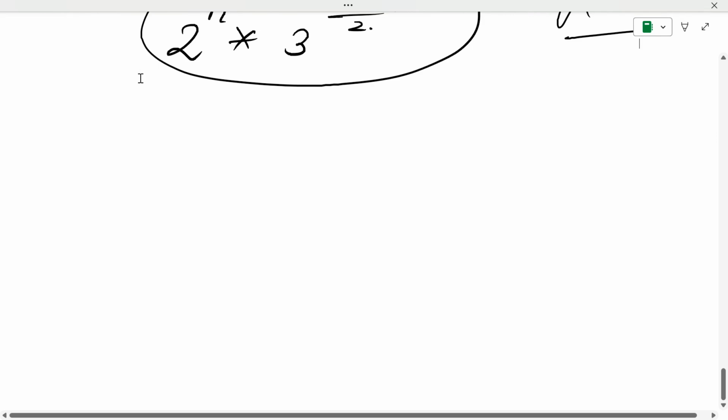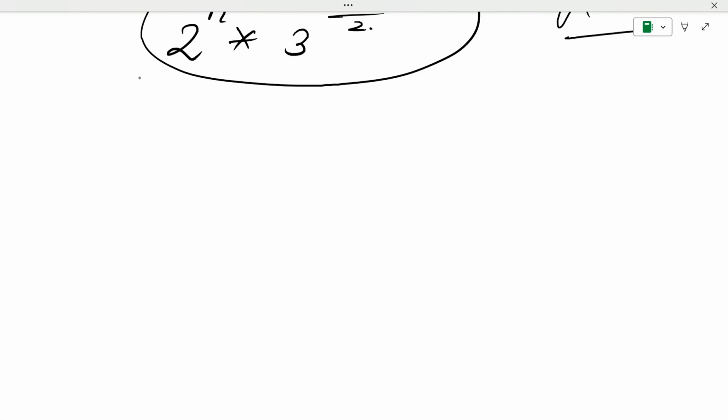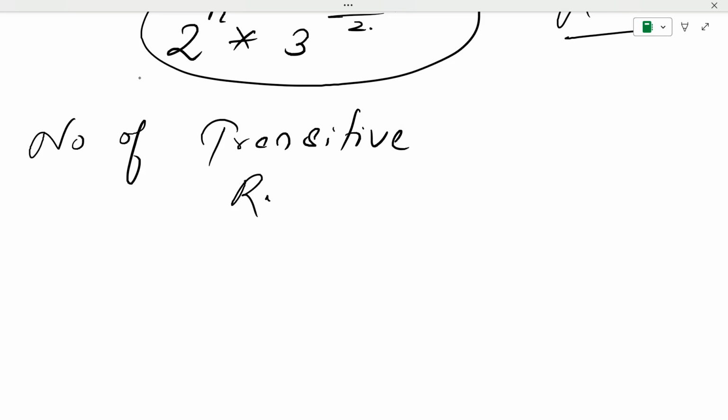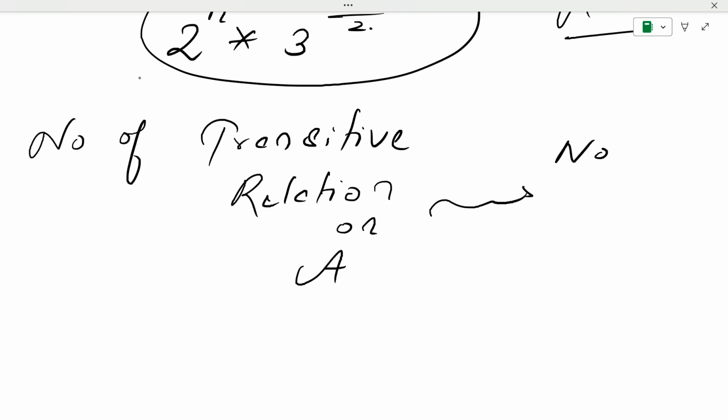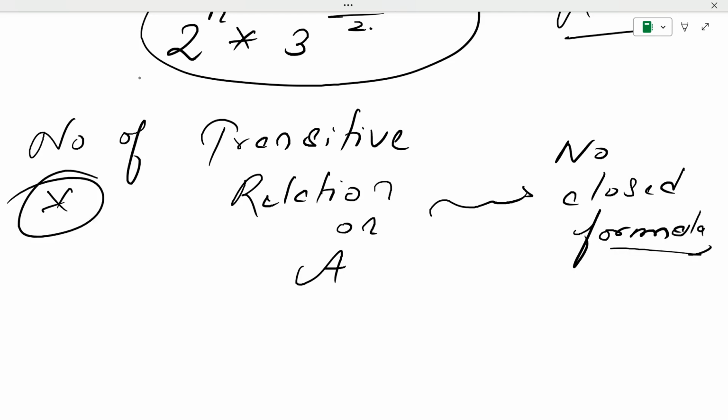But we remember that there is also one thing called the number of transitive relations on R. You remember how difficult it was while we were calculating the transitive relation. There is an algorithm, Warshall's algorithm, but there is no such closed formula for calculating the total number of transitive relations on R. So remember this part in your mind.